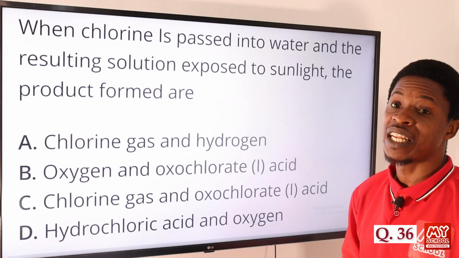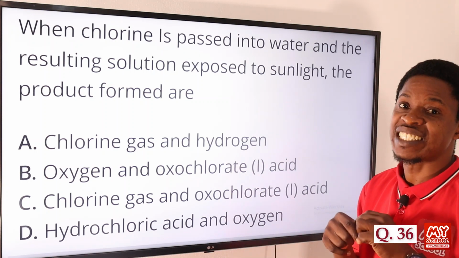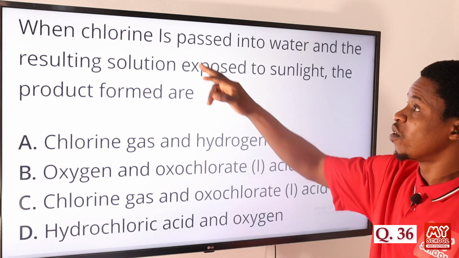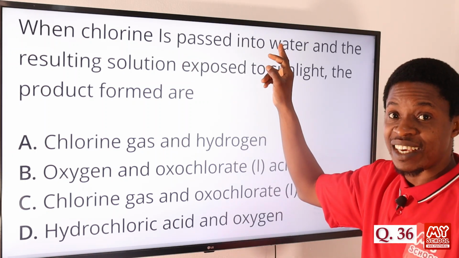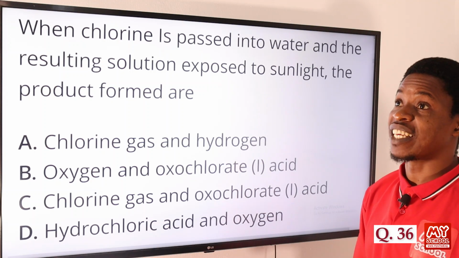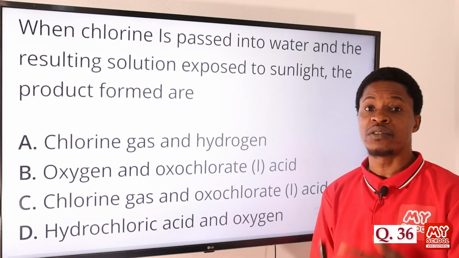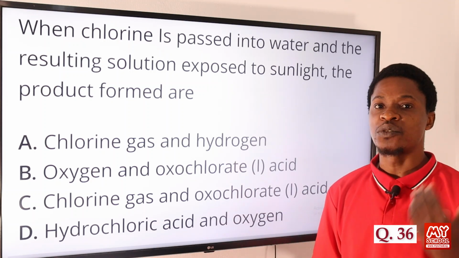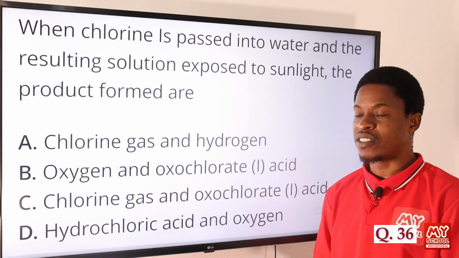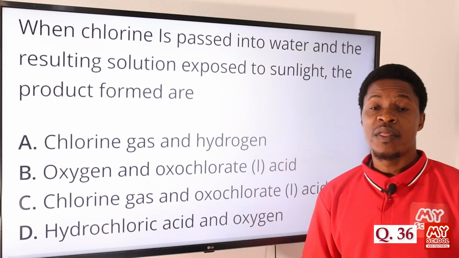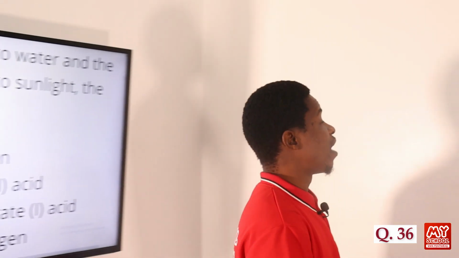But first of all, something happens first. Hypochlorous acid will be formed first when chlorine reacts with water. We form hypochlorous acid. Then the hypochlorous acid is broken down eventually into hydrochloric acid and oxygen gas. So let's move to the board. Let's see what we have.